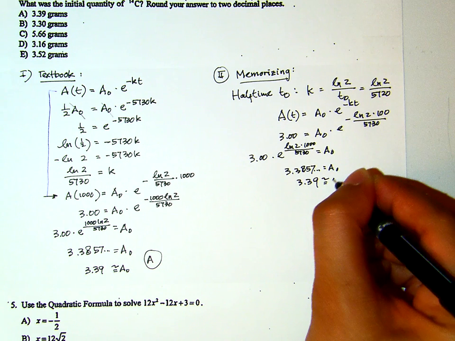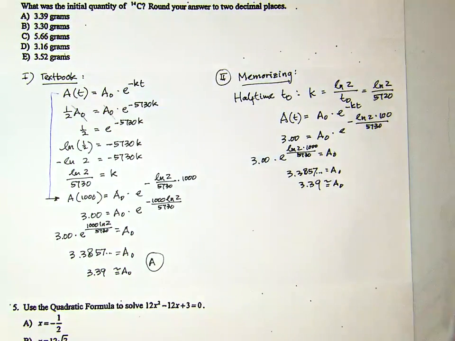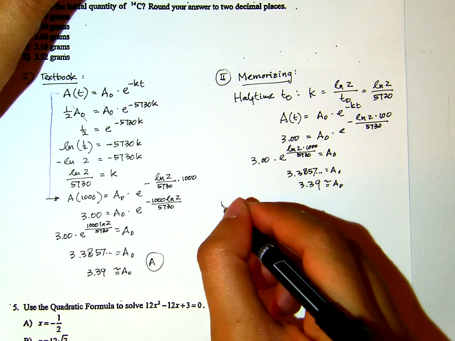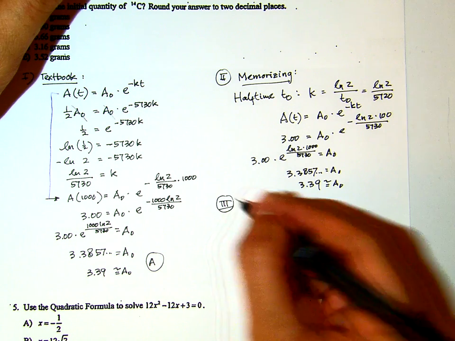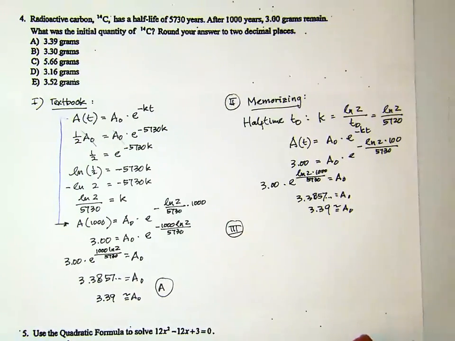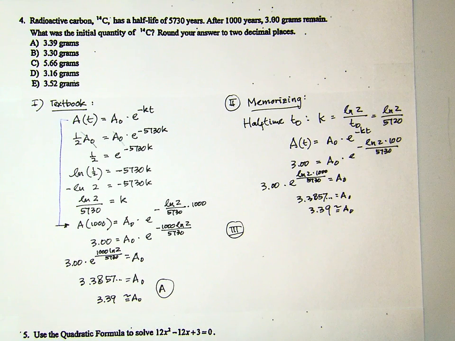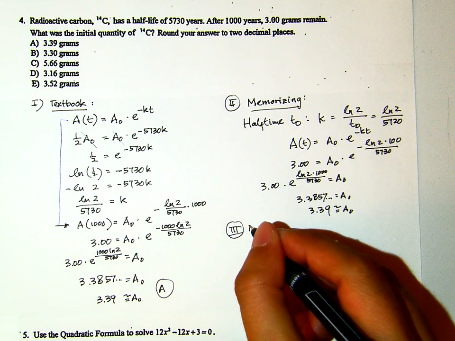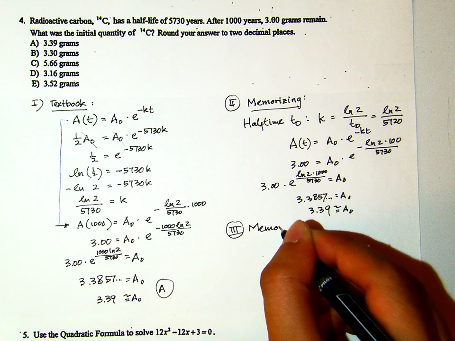I round to 3.39. That's one way. I think there is another special form for this, some kind of special form reference, but some teachers in particular I will teach in class.